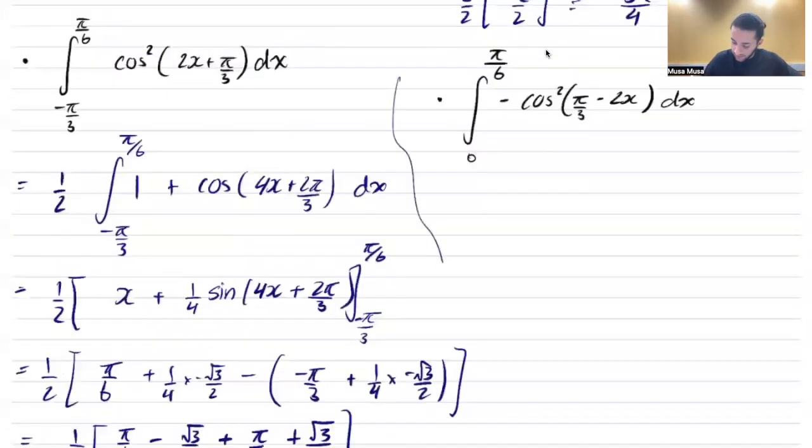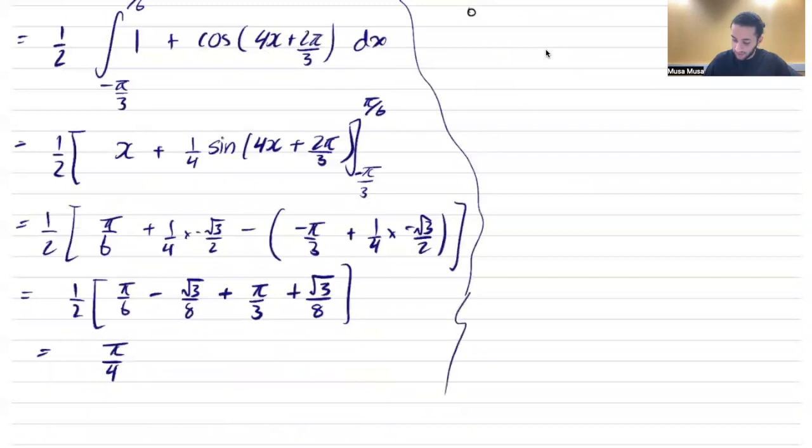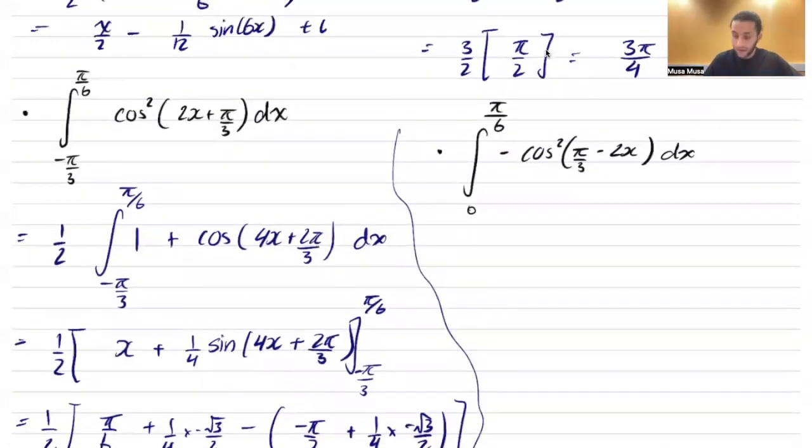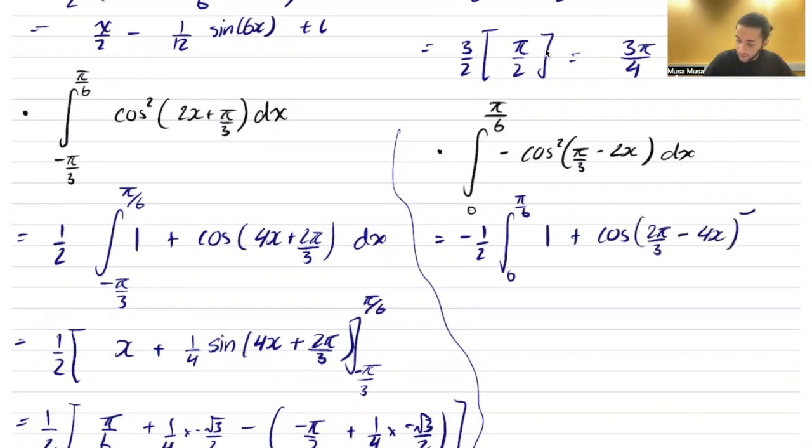So let's do a little bit of a sweep walk so we know not to look there. The negative is irrelevant, so let's just take it out. So this is going to equal negative a half of 0 to pi on 6, 1 plus cos of twice the argument. So it's going to be 2 pi on 3 minus 4x. Yep. dx.